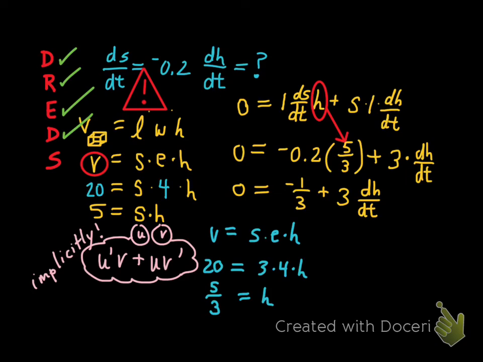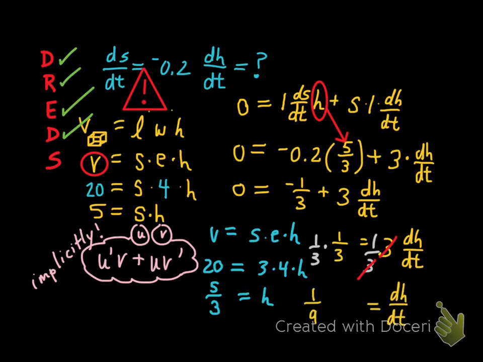That's where I'm getting that negative 1/3. Negative 1/3 plus no change. Now I've got to solve this for dH dt. I'm going to add 1/3 to both sides of the equal sign and get 1/3 equals 3 times dH dt. Then I'm going to multiply both sides of the equal sign by 1/3. Hopefully you can see here algebraically you get dH dt equals 1/9 meters per second.